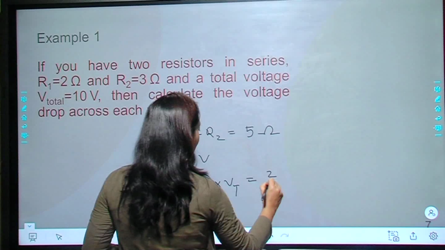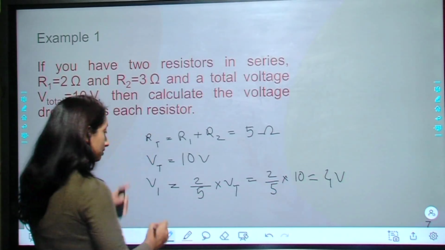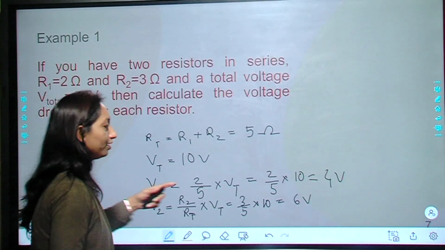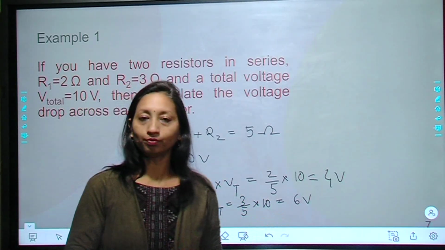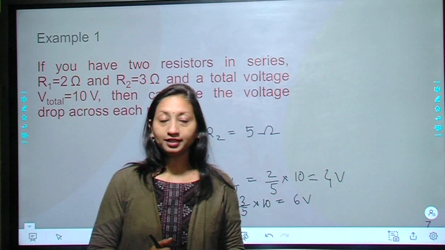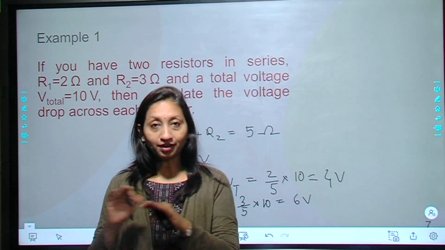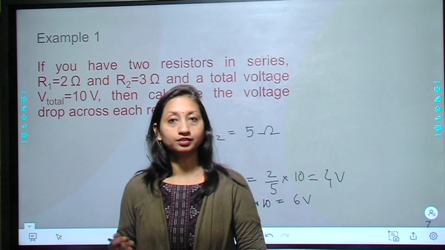So it is 2 by 5. Now what is the voltage drop across R2? If we specify it as V2, then V1 is 4 volt and V2 is 6 volt. So using this formula we can calculate the voltage drop across each resistor or each element connected in series by applying the voltage division rule.